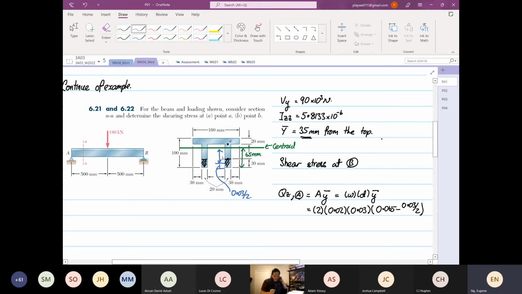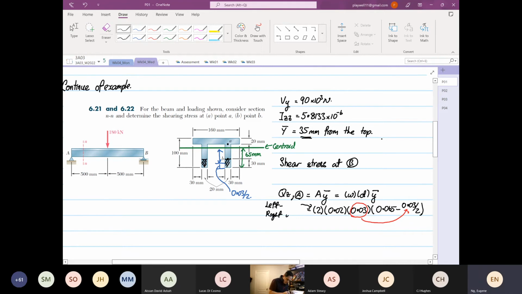Now, why I like to use width multiplied by depth: when I calculate y bar, I know I need to use this value, so this value immediately comes to here. That's why I always go with multiplying by that, then by y bar, if some of you are curious. The 2 over here, as you can see, is due to the left and right web.